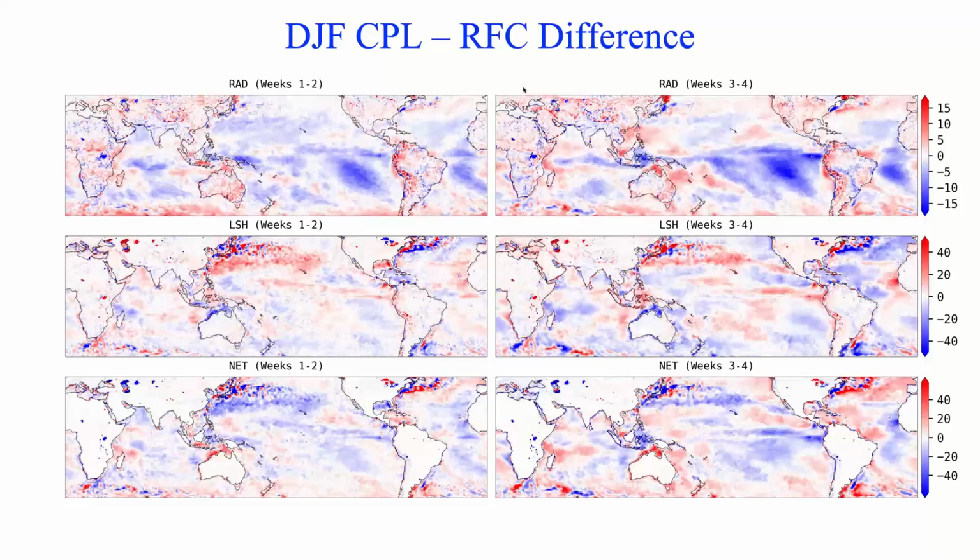We see that the differences are everywhere in the tropical region. Most of the radiation difference is negative, so less radiation into the surface, and the sensible and latent heat fluxes are more going out. But the net is about 10 watts per meter squared, and it's still negative. And this is for the winter time.